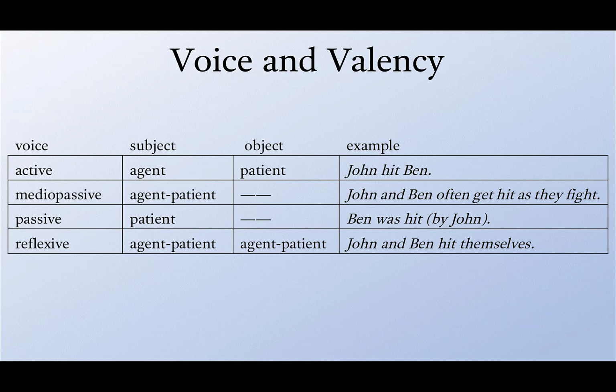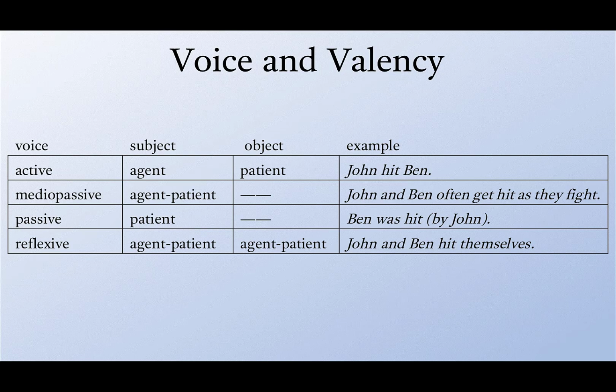So is each man hitting himself? Are they hitting each other? What exactly is going on here is not totally clear because the agents here are also the patients at the same time. And then we get to passive voice, where all we have is a patient.